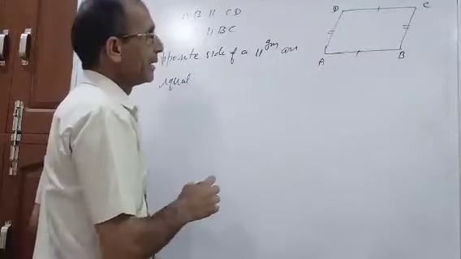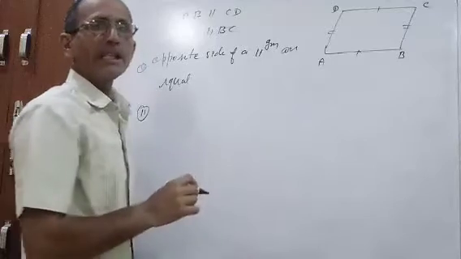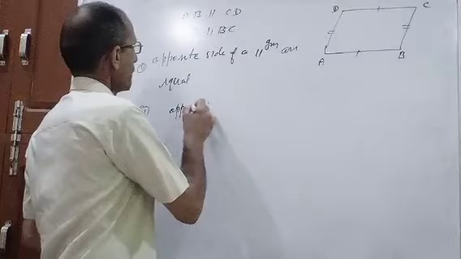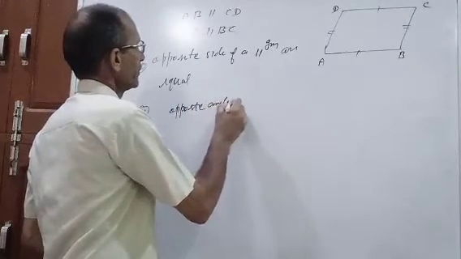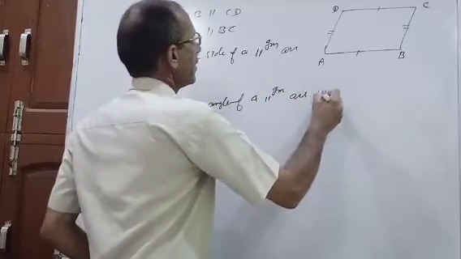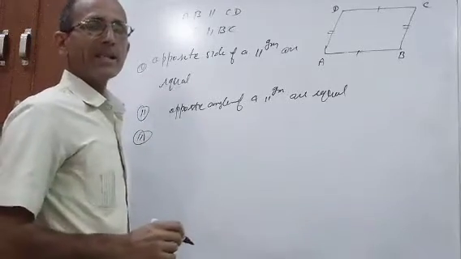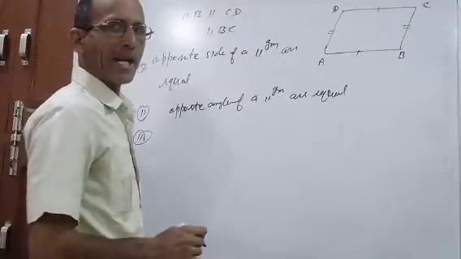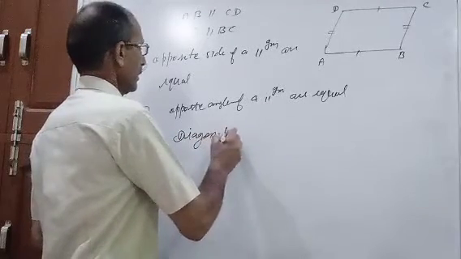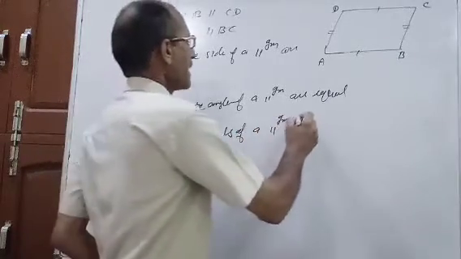Second, opposite angles of a parallelogram are equal. Third, diagonals of a parallelogram bisect each other.